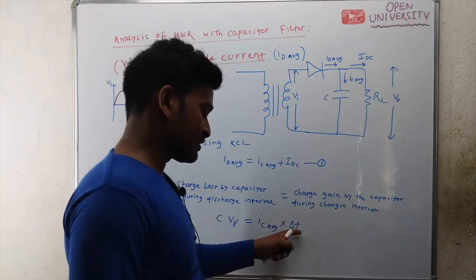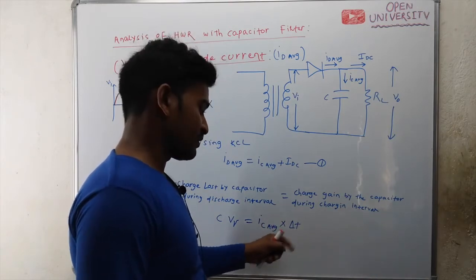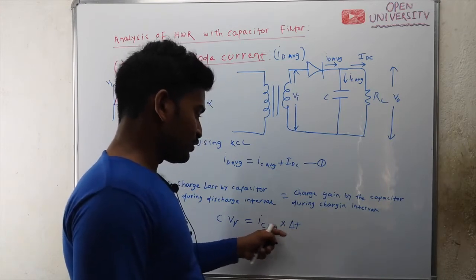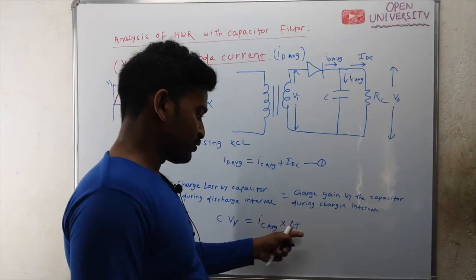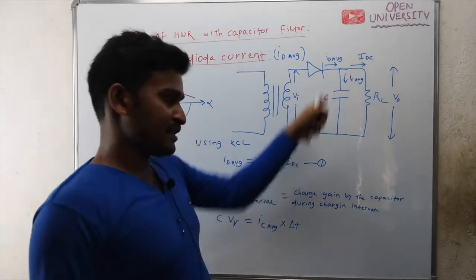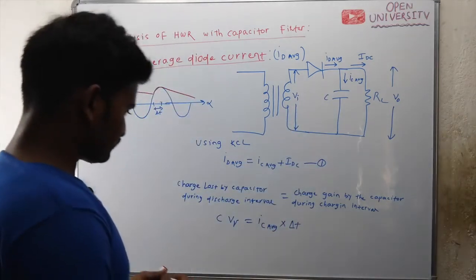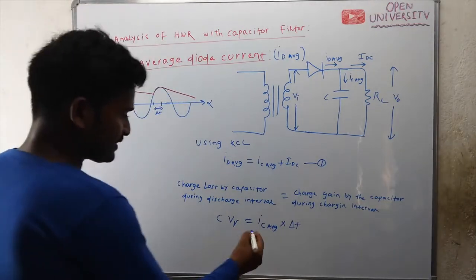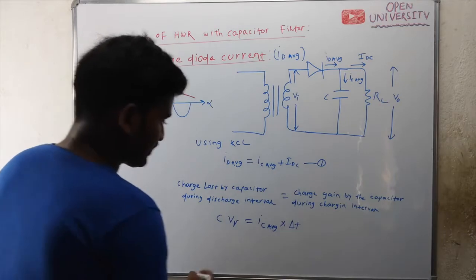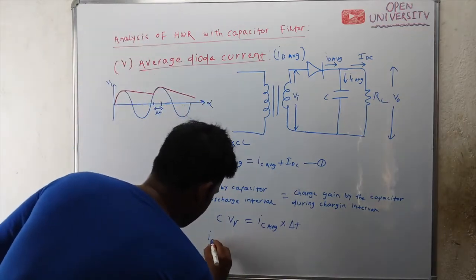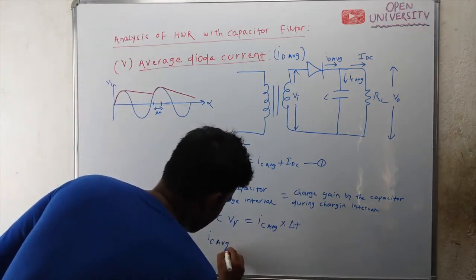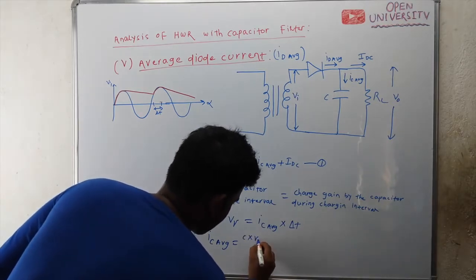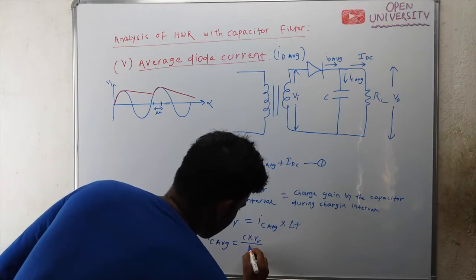Delta T is the charging interval, and Q equal to I into T, where T is delta T and I is IC average. So you can write IC average equals C into VR divided by delta T.